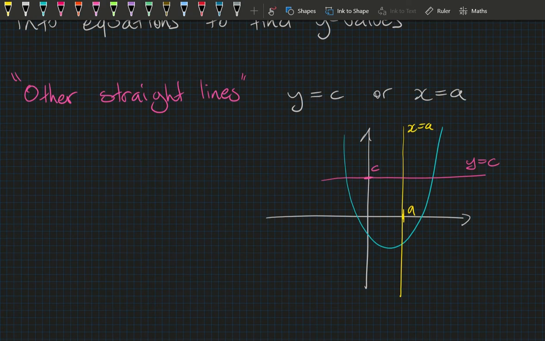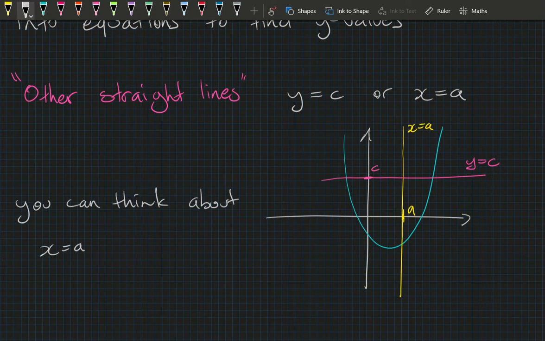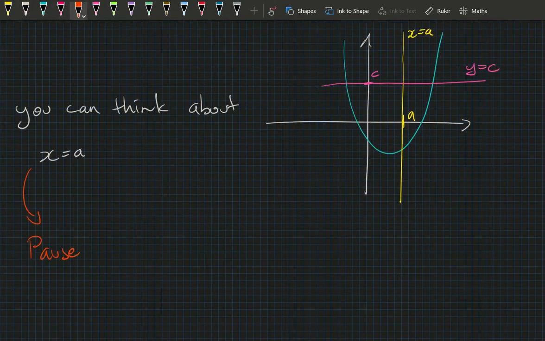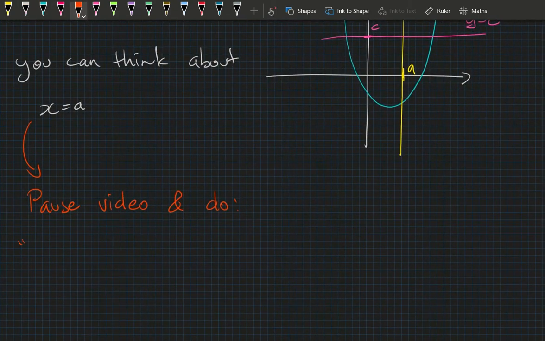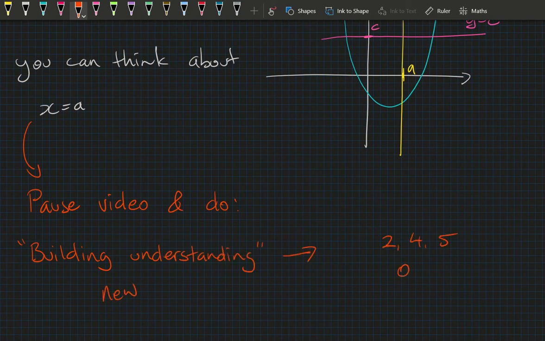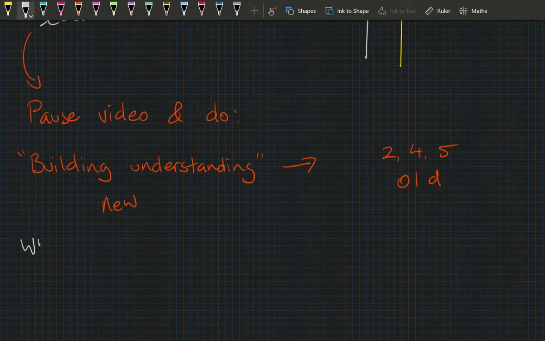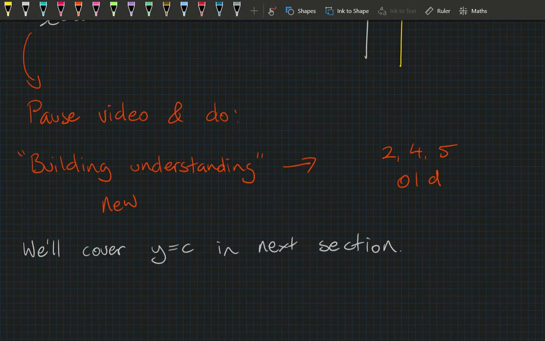So I'm guessing a lot of you might be able to see what's going on, but I'm going to let you think about x equals a when you pause the video now and work on the building understanding questions in the new book, which translates to questions 2, 4 and 5 in the old book. And then we're going to cover y equals c in the next section anyhow. Make sure you pause that video and do those building understanding questions. I'll see you in the next section.